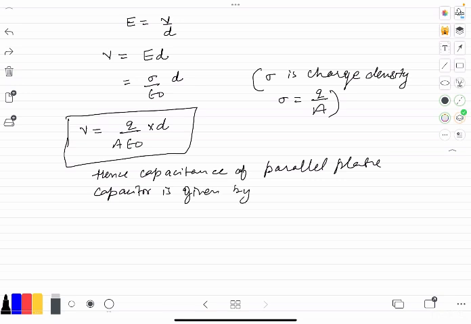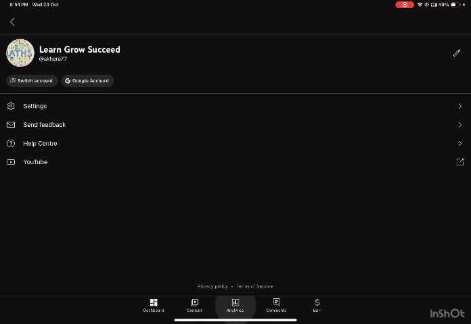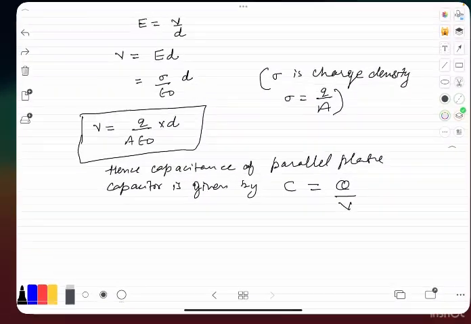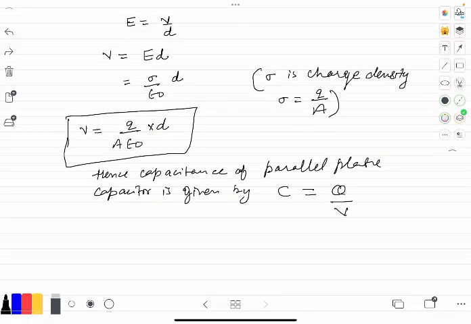C is equal to Q upon V. Here Q is the charge and V is equal to Q upon A epsilon naught d.